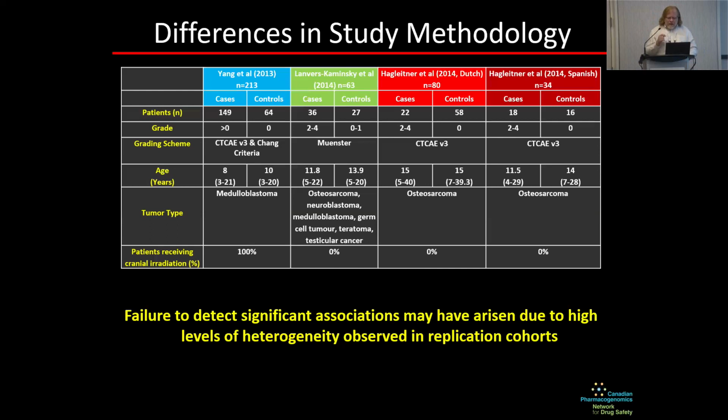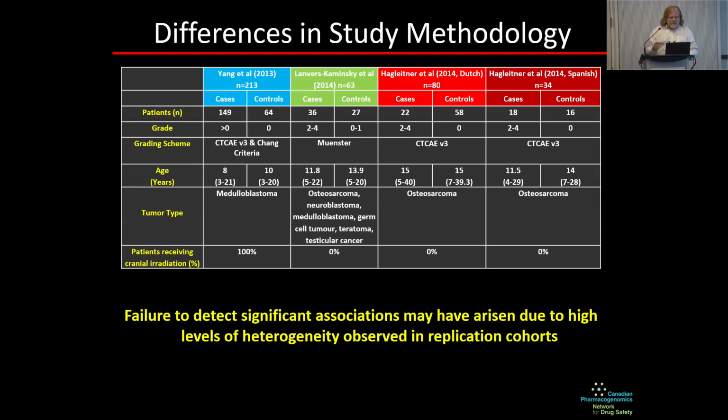So in the case of the Yang study, all of their patients got cranial spinal irradiation. In the case of my study, none got cranial spinal radiation. There's a significant difference. Over 90% of the Yang patients received amifostine as an otoprotectant. None of our patients received amifostine.